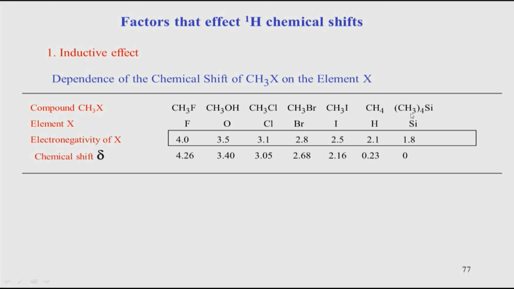We arbitrarily assign this as 0. You have to keep in mind that it is not that it does not have a chemical shift value. The hydrogen atoms in tetramethylsilane definitely have a chemical shift value, but we put it as 0. When we put that as 0, that becomes our reference, and with respect to that all other chemical shifts are calculated.